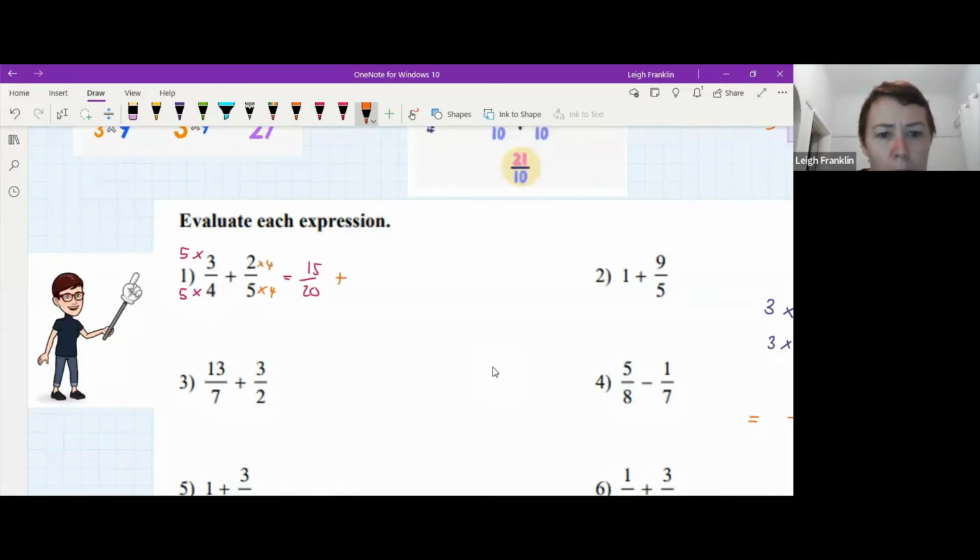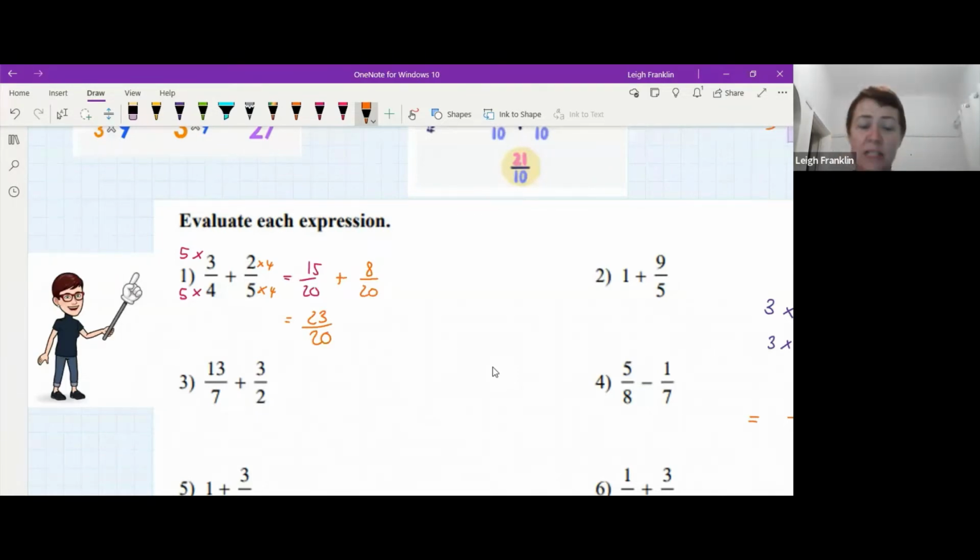And then 15 plus 8 is 23 over 20. If I'm wrong... You didn't go wrong anywhere. That was wonderful. Well done. That's exactly the right thing that you need to do.